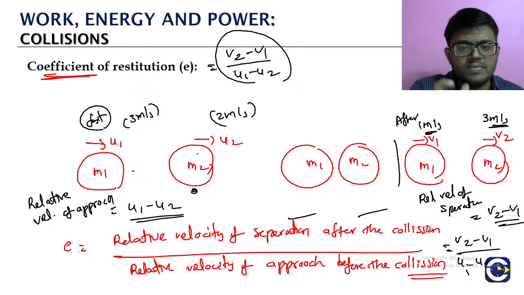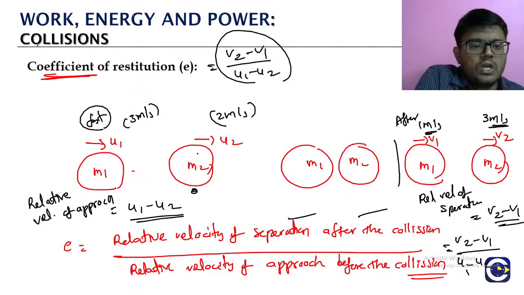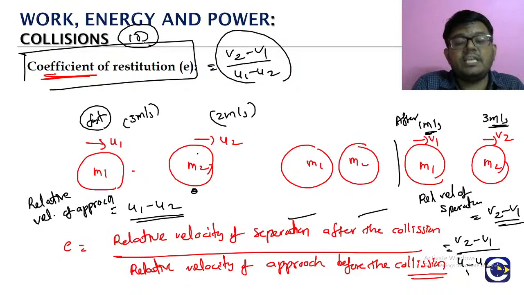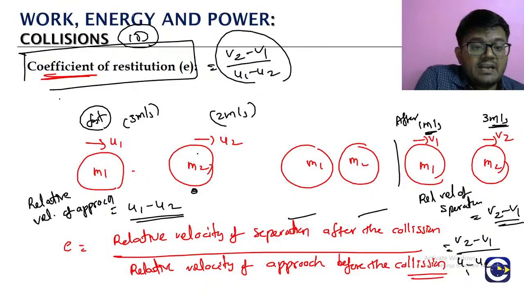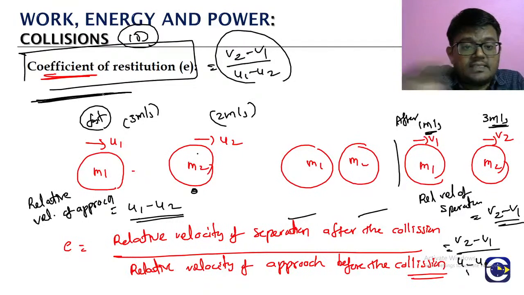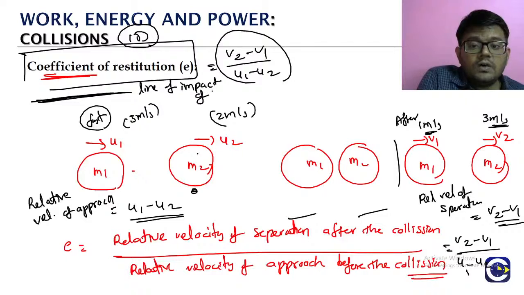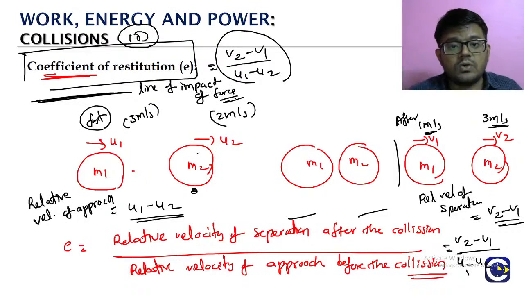So do you know when the significance comes? The analysis of this coefficient of restitution is more significant for the head-on type of collision, or the 1D collision. Because the line where we are discussing the relative velocity of separation and relative velocity of approach is the line of impact of force, the line along which the collision force is acting, right?